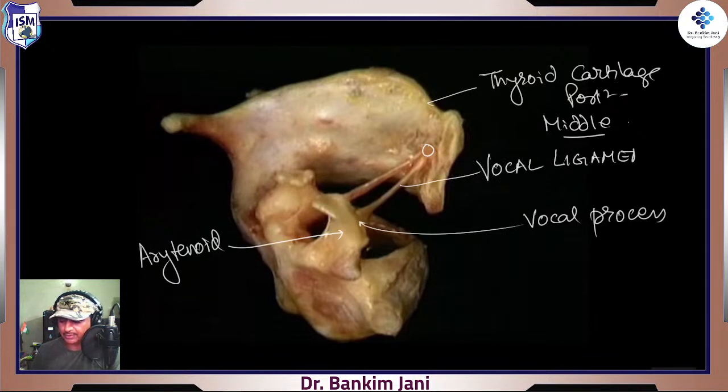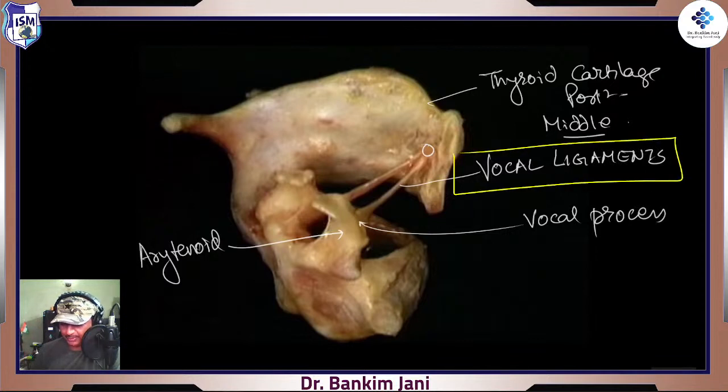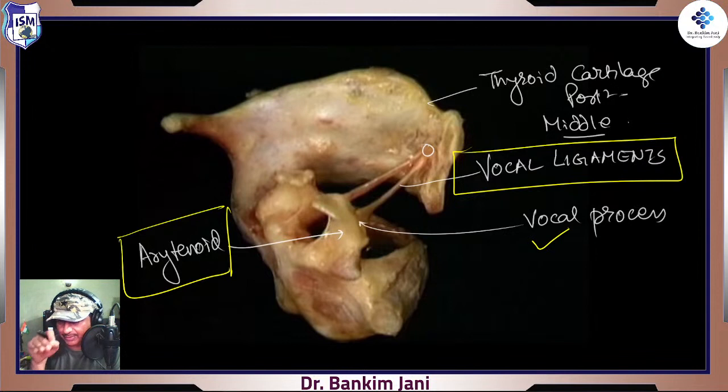So it is necessary at this point of time that the orientation should be very proper, that where exactly is arytenoids and this vocal process, which is on the anterior aspect of this arytenoid cartilage, and from there those ligaments they go, right? What are these ligaments? We are coming to that, right?